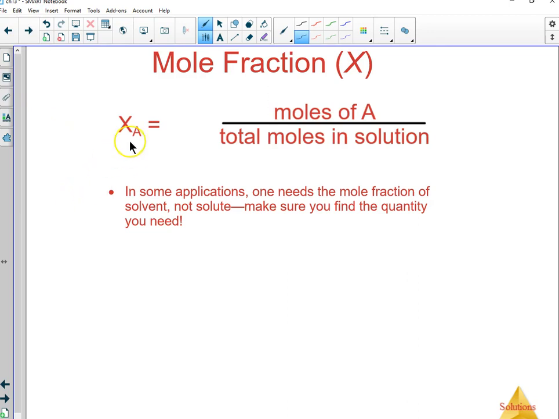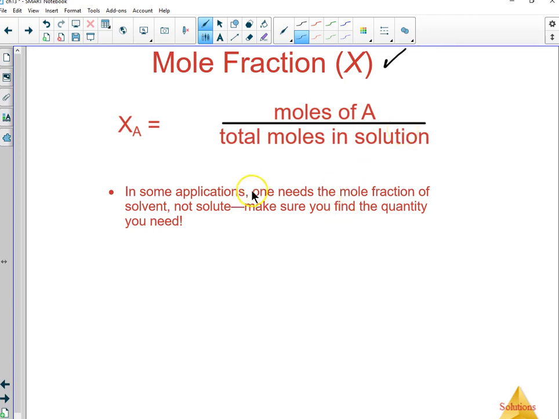All right, so the next thing we're going to talk about is mole fraction, and mole fraction is not bad because we've done it before. We had to do mole fraction when we found partial pressure. Sound familiar? Okay. Now, this would be in a solution, so it's a little bit different.